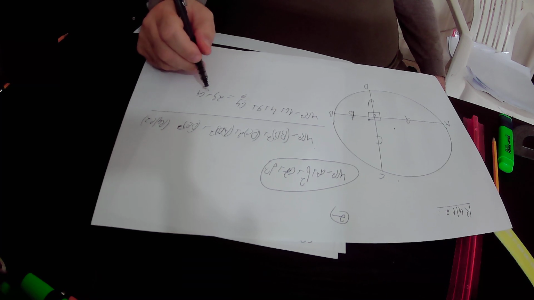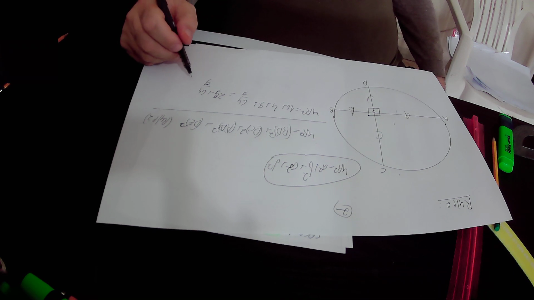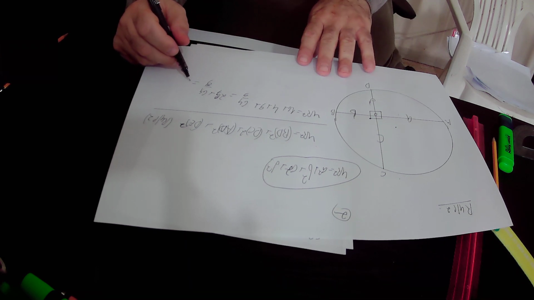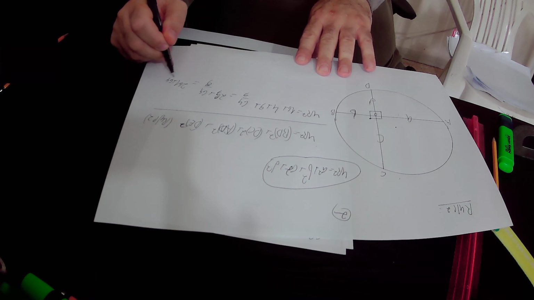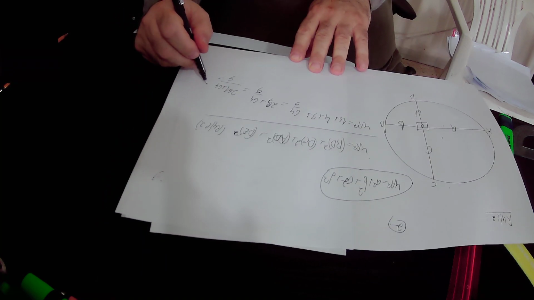So here we'll multiply 29 by 9 and then we'll divide it by 9 in order to have a common factor with this expression. 29 times 9 is 261 plus 64 over 9. 261 plus 64 is 325 over 9.